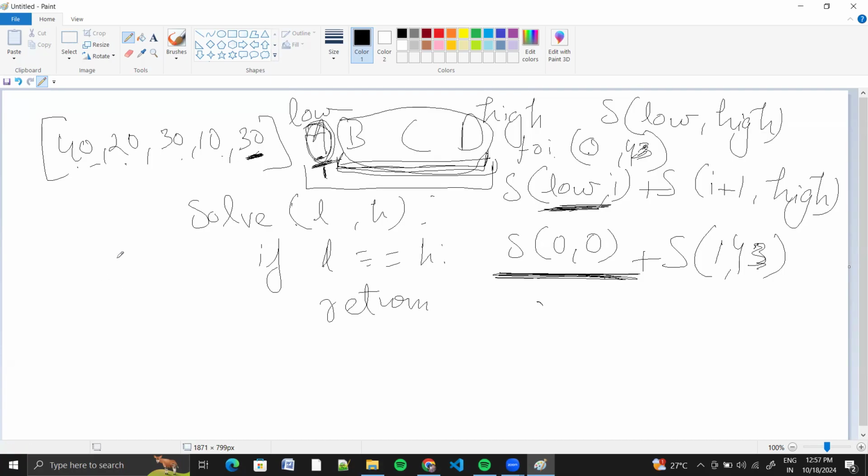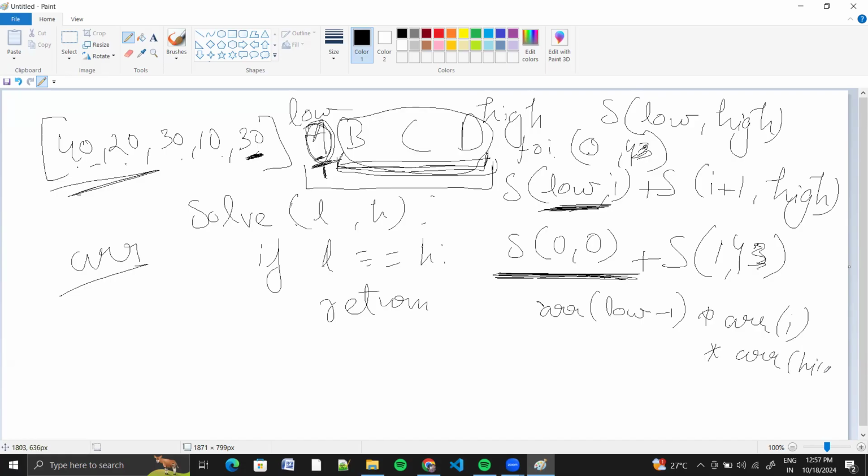If you sit and multiply, you will figure out that we are taking multiplication of the array. Let's say the list passed is called array. So we have array of low minus 1, multiplied with array of i, into array of high.